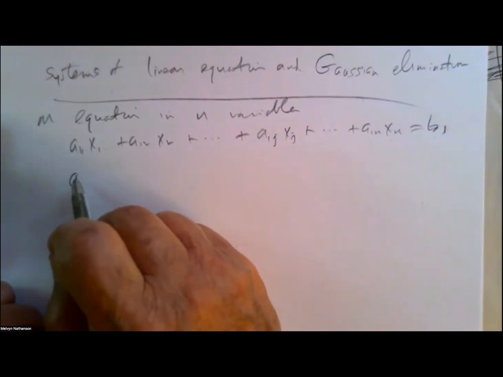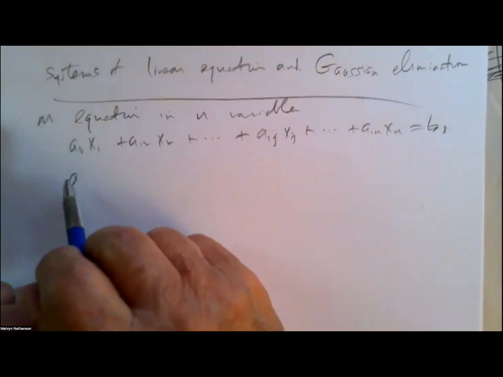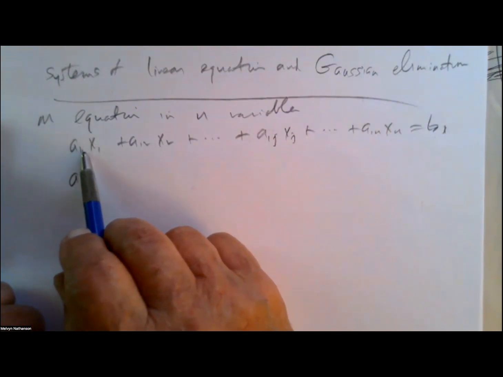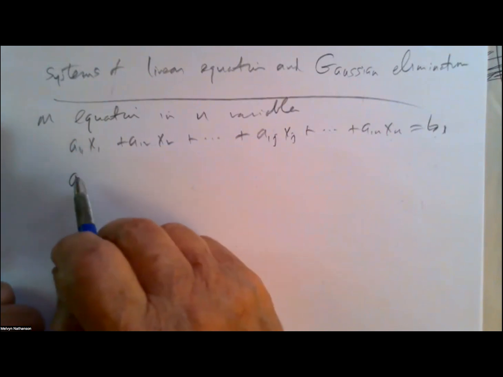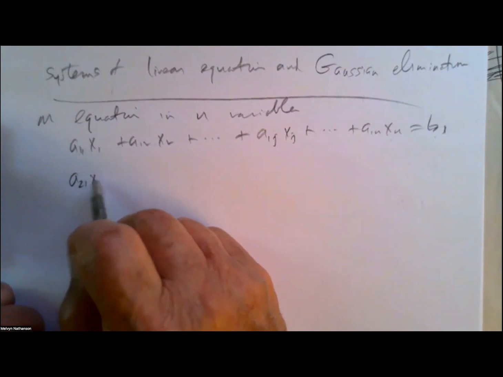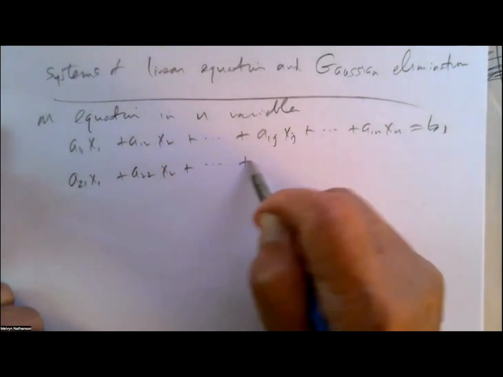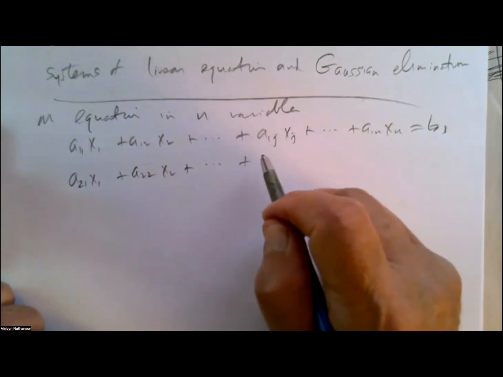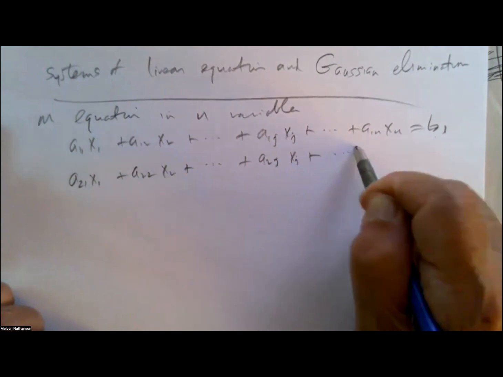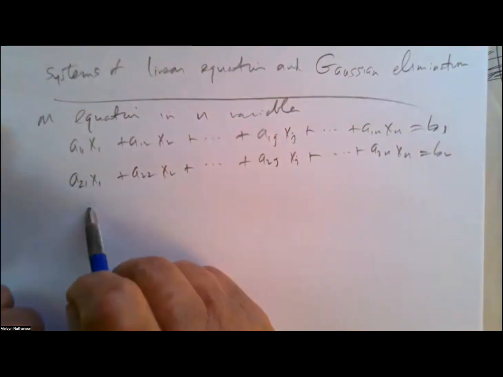For the second equation, we use double subscripts for the coefficients. The first subscript indicates the number of the equation. The second subscript indicates the variable. So for the second equation, the first variable will be a21x1 + a22x2 + ... + a2jxj + ... + a2nxn = b2.